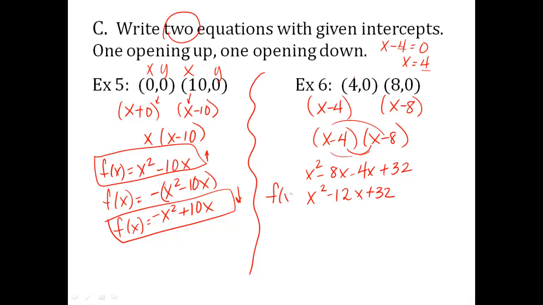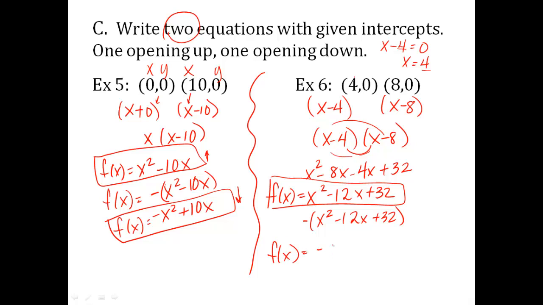So here's my first equation. All right, x squared minus 12x plus 32. To get my second equation that opens down, I'm going to multiply through by negative 1. So my second equation will be negative x squared plus 12x minus 32.